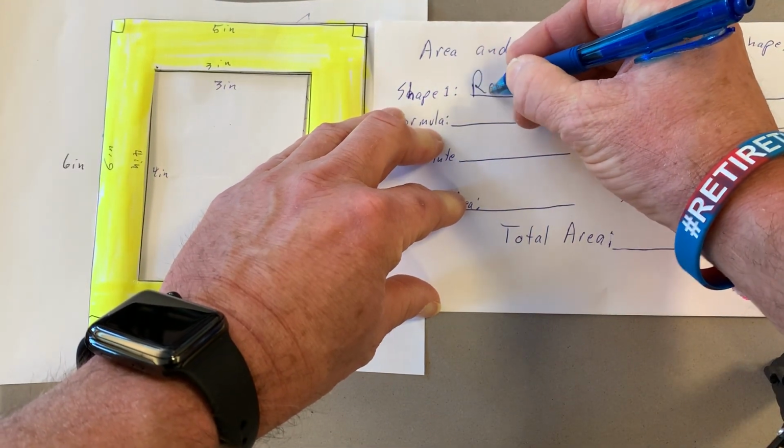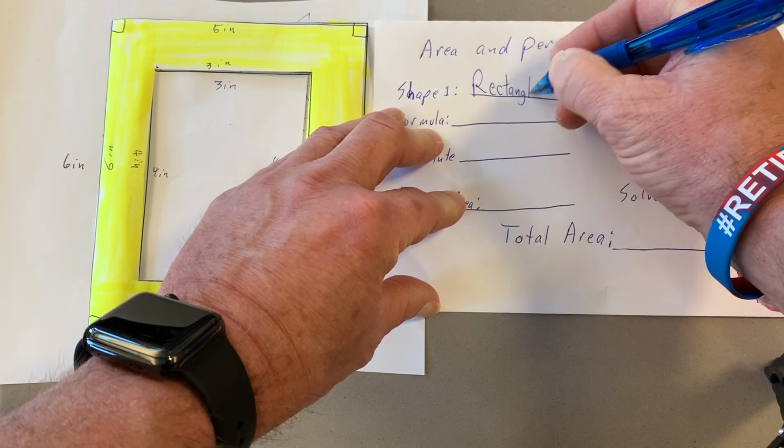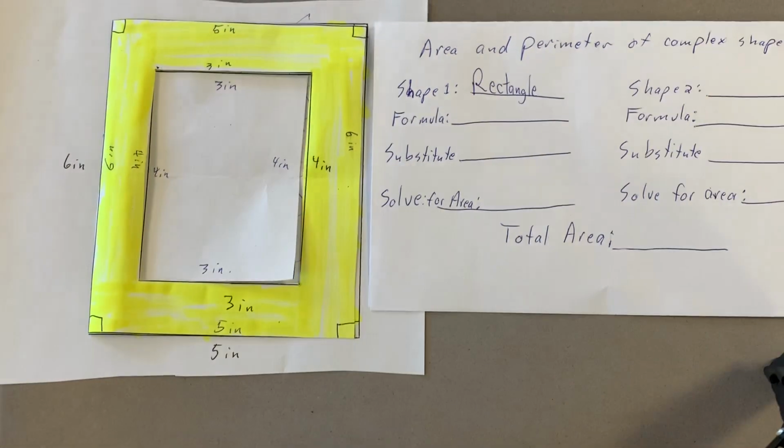And I think the ones we did in class didn't actually have a blank for it, but it's helpful to write down what shape you're calculating. Now, my students typically are given the area formulas. You just need to recognize what you're taking the area of.